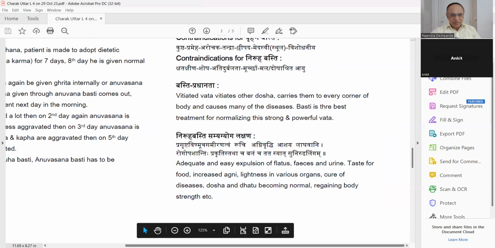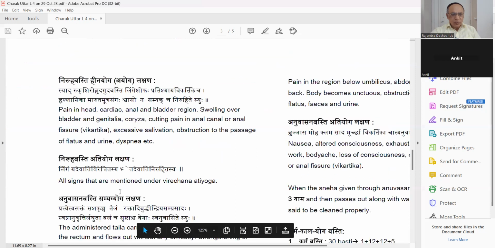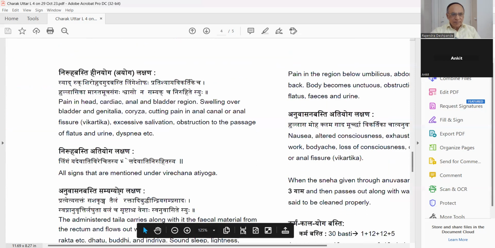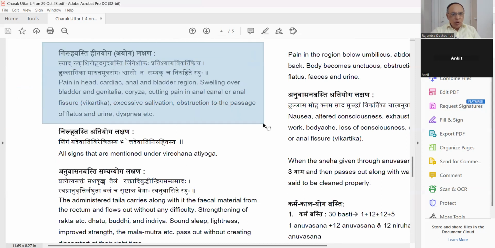Now I will shift these things over here and try to go a little bit down. Okay, now here you can see Niruha Basti, Hina Yoga or Ayoga. Not proper, less effect.